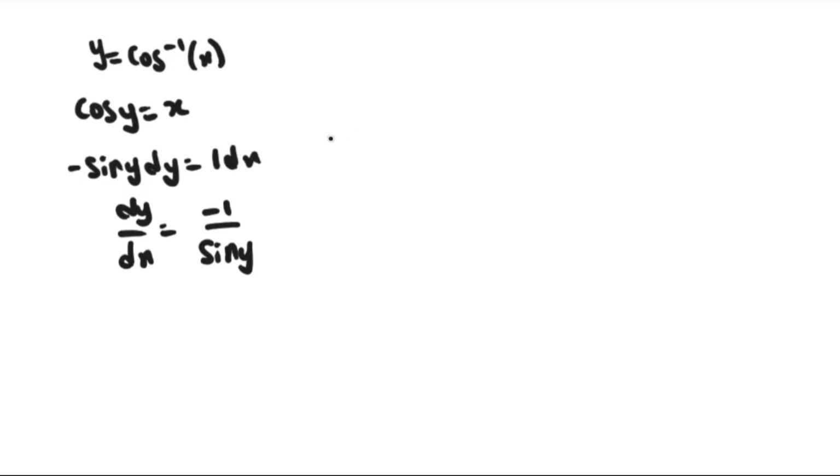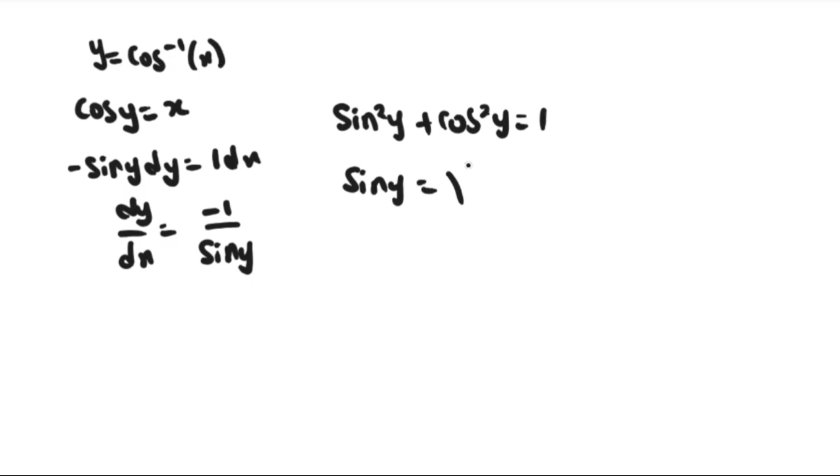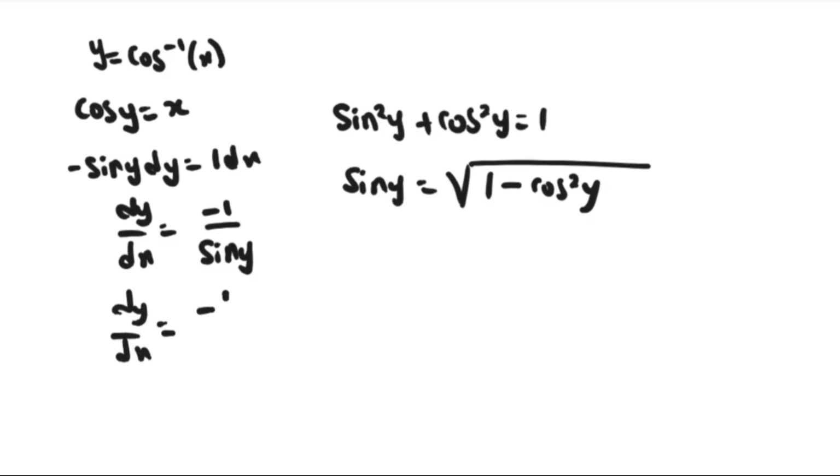So we are still using the same trigonometric identity, which is sine square y plus cos square y is equal to 1. And if you make sine y the subject of the formula, you get the square root of 1 minus cos square y. So what it means here is that dy/dx will give us minus 1 over the square root of 1 minus cos square y.